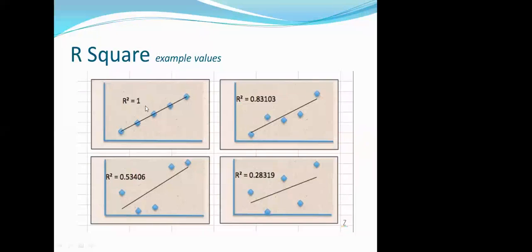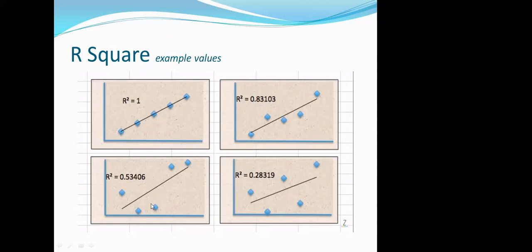The upper left one is R square equal to 1. You can see that all the points are on the regression line. If R square is high, we have found a regression line where the points are very near to the regression line. So R square is on the higher side, not 1, but still high.